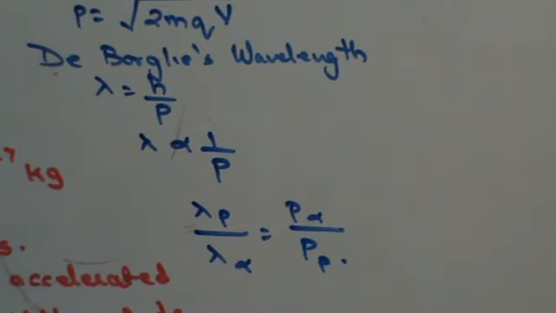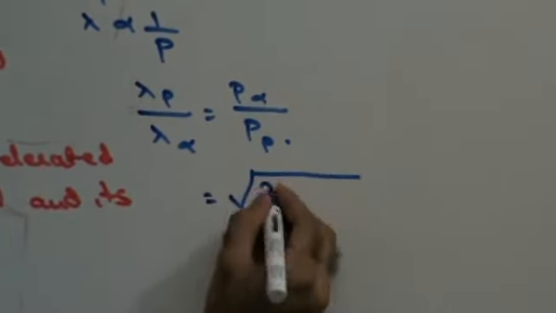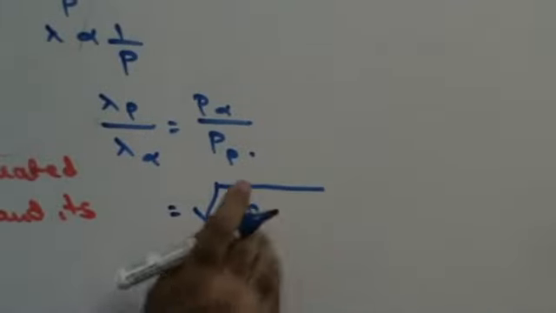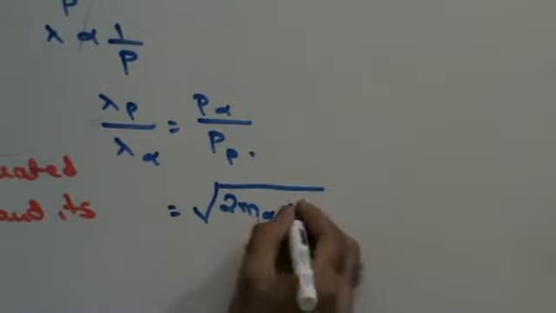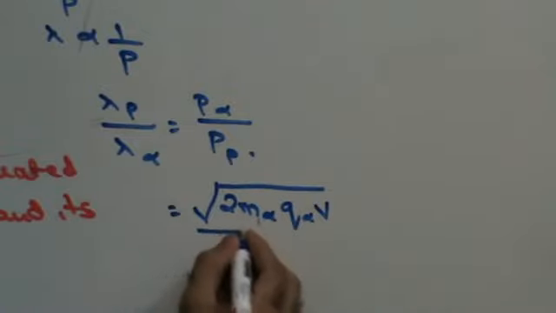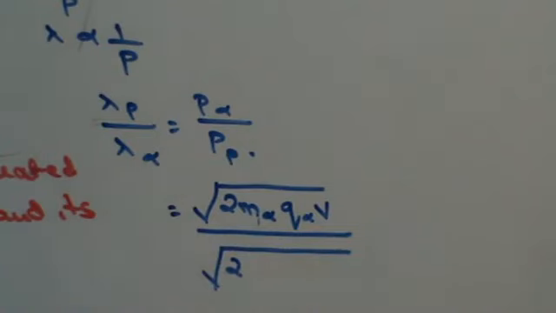Now momentum is nothing but square root of 2mqv, so that means this is going to be equal to square root of twice mass of alpha particle, charge on alpha particle into potential difference upon square root of twice mass of proton, charge on proton into the potential difference.